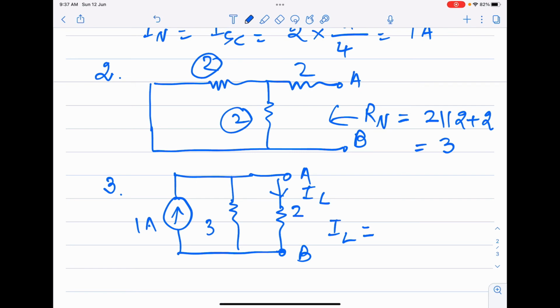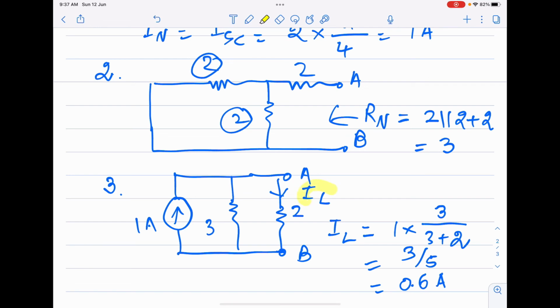So IL can be calculated as 1 into 3 ohm divided by the net resistance, 3 plus 2, that is 5, and therefore this current will be 0.6 ampere. So by making use of Norton's theorem, it was possible for us to determine the load current IL flowing through the load resistance of 2 ohms.